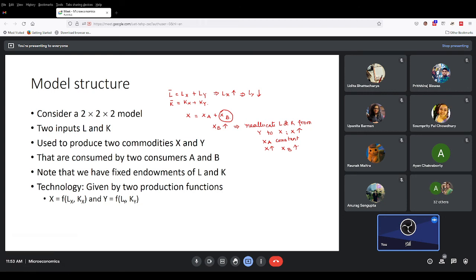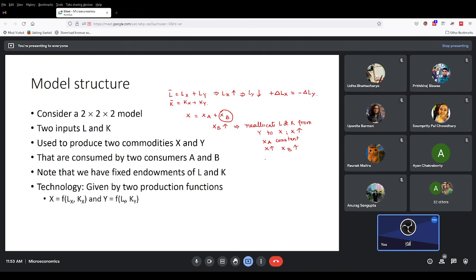But functionally, if I look at this equation, if I increase Lx, Ly has to fall. So basically what I'm getting is an increase in Lx is equal to the reduction in Ly.